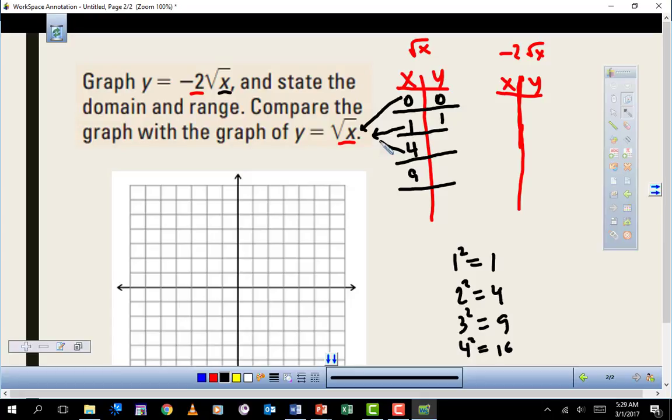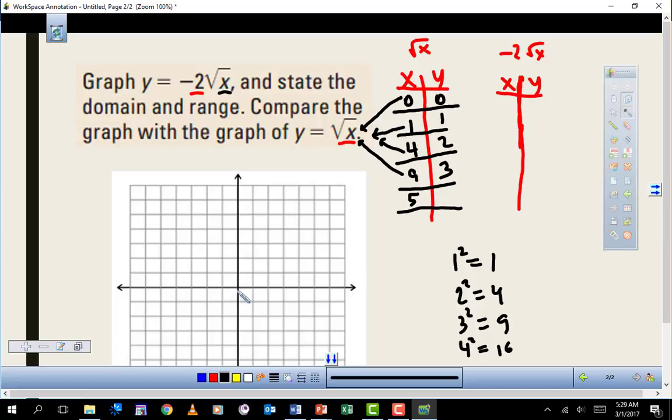And when I put 4 in here, well, the square root of 4 is 2. And the square root of 9 is 3. So, if you want, you can put in other numbers too. I mean, if you want to put 5, those aren't perfect squares, so you have to just put them in your calculator and find out the decimal equivalent, which is not a problem. You can do that too.